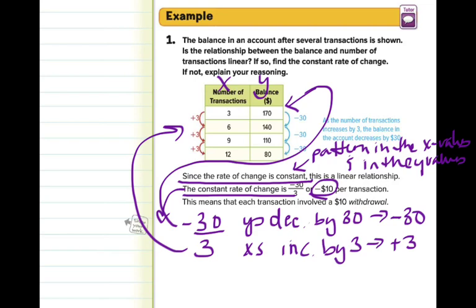So my unit rate would be 30 miles in 1 hour. So that's when you get down to the single. So what I have here is 3 transactions, I went down $30. How much would it go down in 1 transaction? We do that by simplifying that fraction.